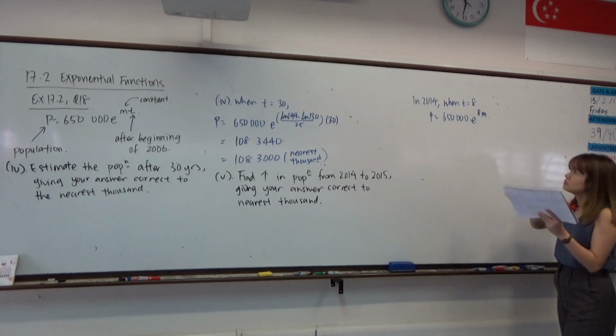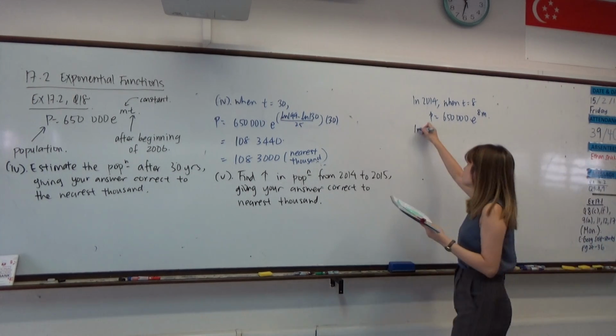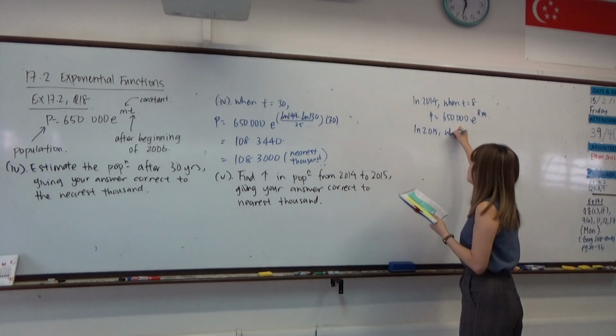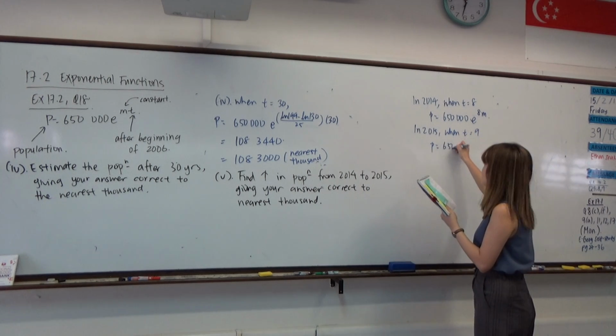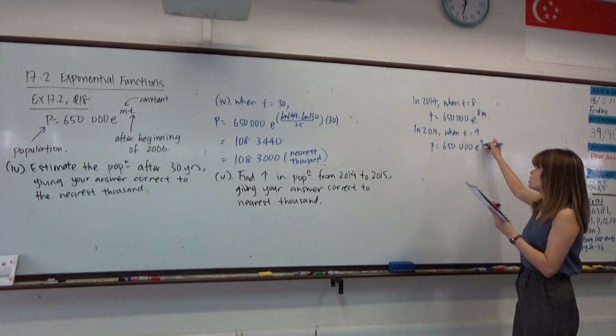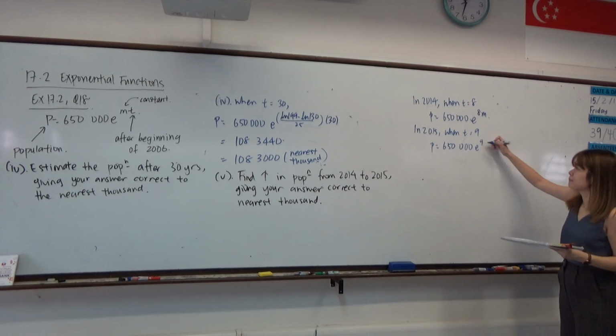So 2014, we can put 8m. Then in 2015, t is equal to 9, so P will be equal to 650,000 e to the power of 9m.